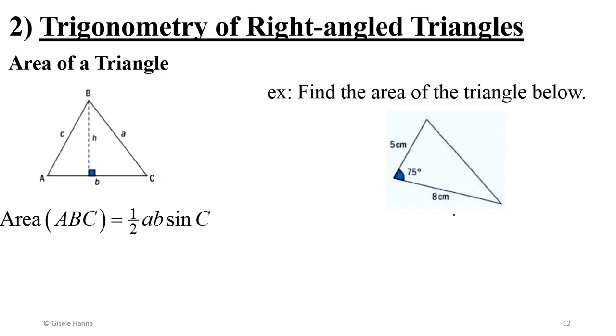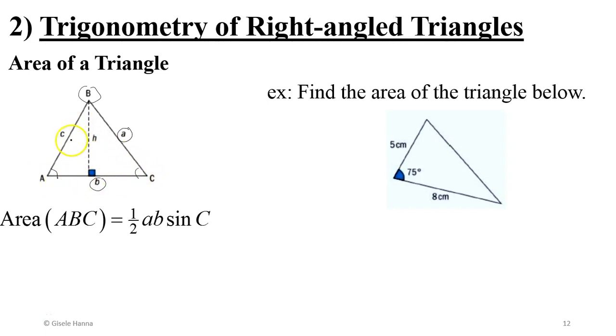Now within this section, we're going to explore the area of a triangle. Usually in these formulas, if I have triangle ABC, then opposite to angle A, we would call that side lowercase a. Opposite to angle B, we would call that side lowercase b. Here b represents the length of side AC.